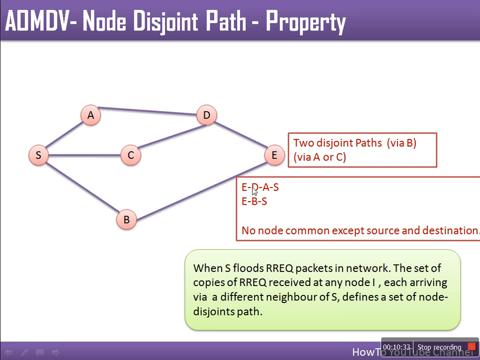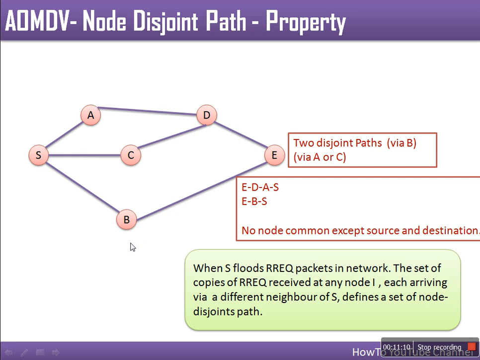One will set the path E to D, D to A, A to S, and another one E to B, B to S. After S there is neighbor A and neighbor B. So if route request query packets come via unique neighbors of the source, those packets set a node disjoint path. So in this complete scenario, two node disjoint paths will be set, one S-B-E and one S-A-D-E.